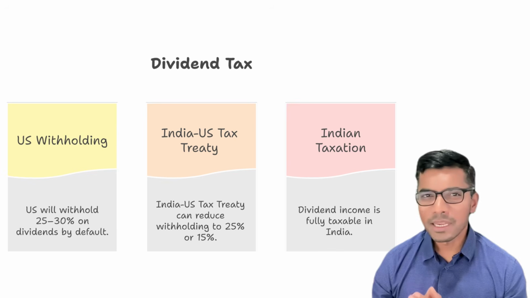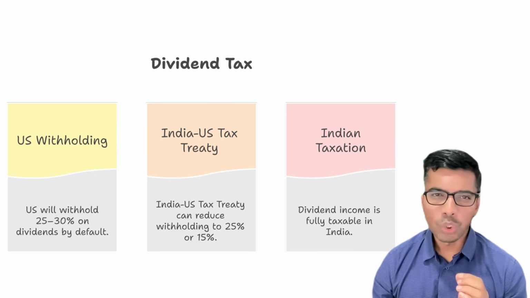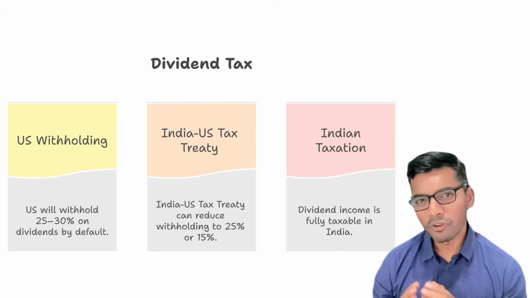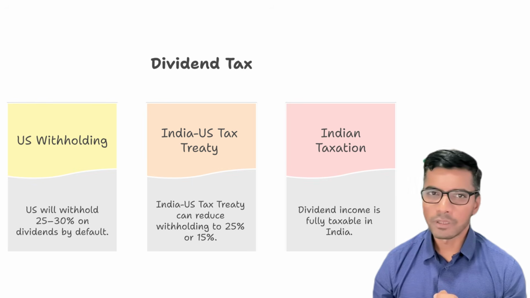Now, let's look at the tax consequences of holding and managing US equity as well as US derivatives. For US stocks and ETFs, there are two primary incomes. First, dividends. US typically holds 25 to 30% of dividends by default.